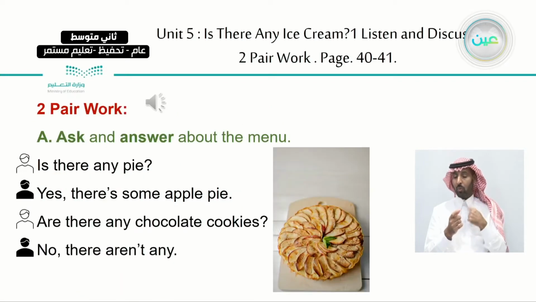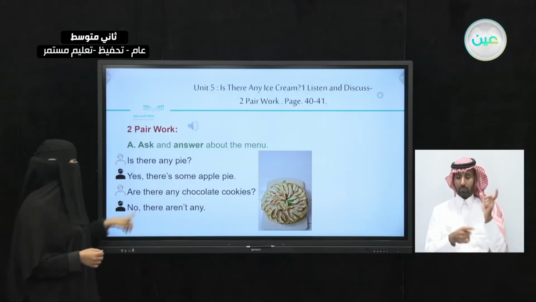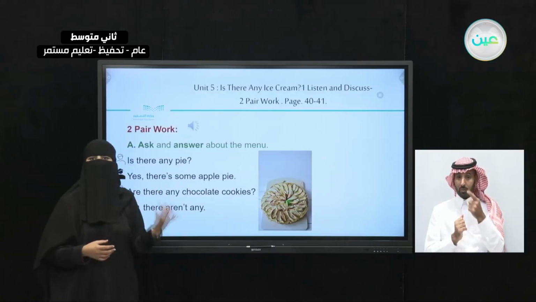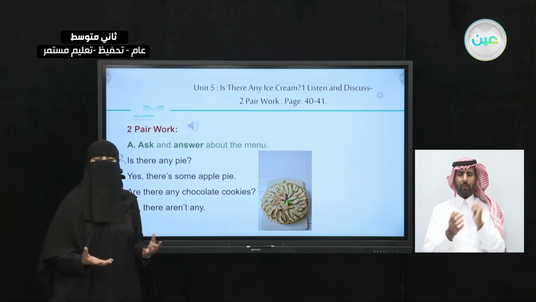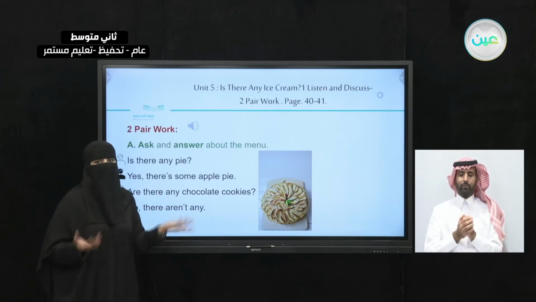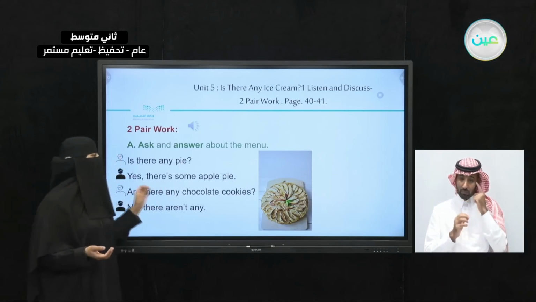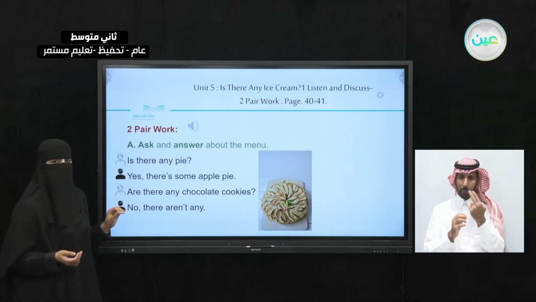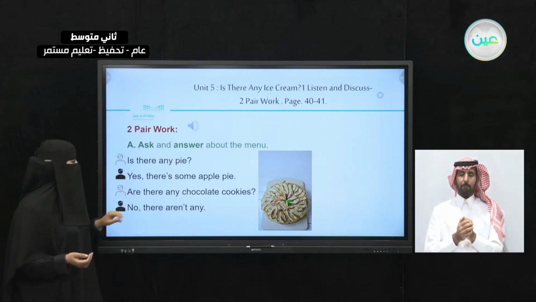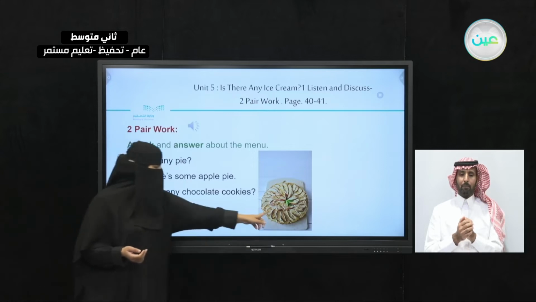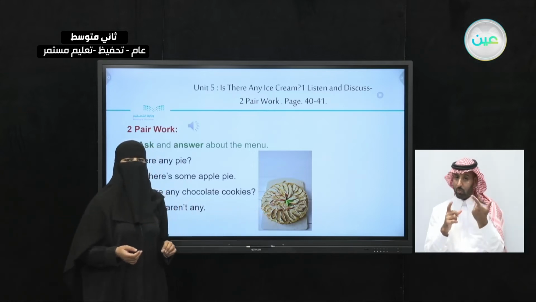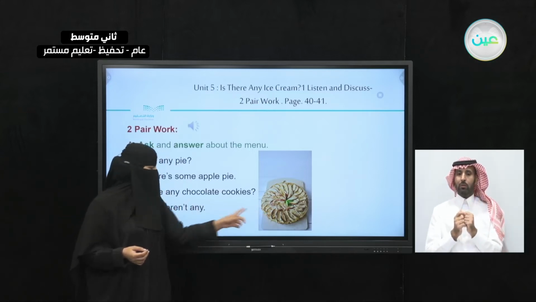Now, let's take a look. Here, there's a conversation between two. I want you to try to ask and answer this question. You can change the answer if you like, but let's take a look at the questions here. Now, what do you see here in this picture? What is this?